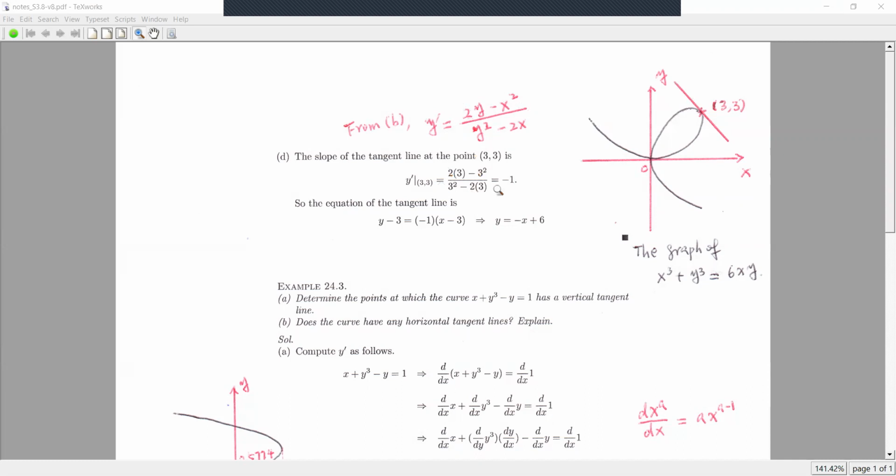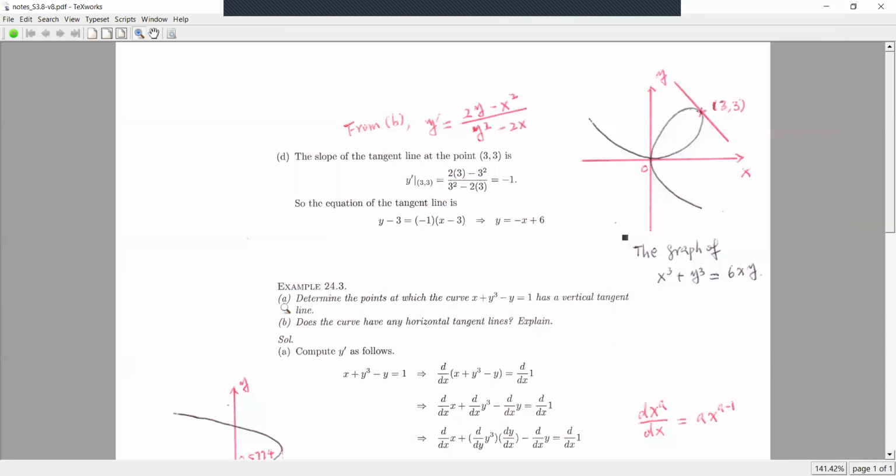Then the slope is -1. Now we have the slope and 1 point on the tangent line. By the point slope formula, the equation of the tangent line is this. Simplify this equation, then this is the answer to part D.